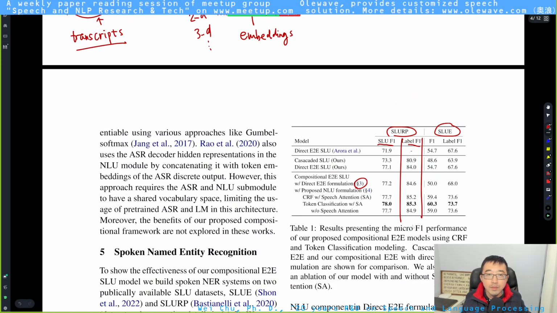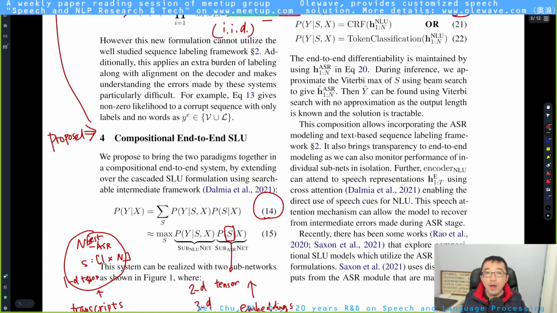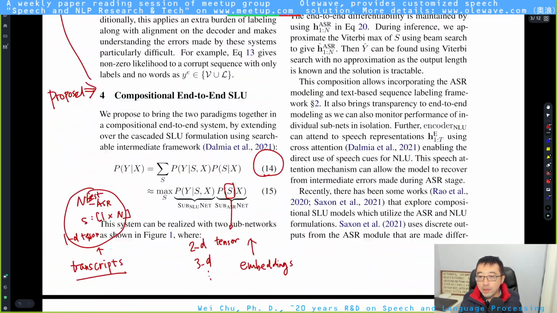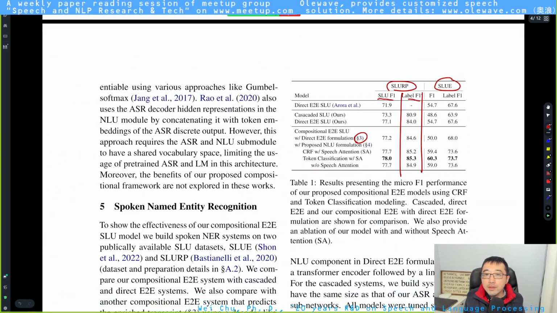Let's see. Oh, I think what they meant is that for this network there's no speech attention. So all they have to do is just get the ASR embedding. So this time they do not use transcription. Remember, all of these ones still use transcription.